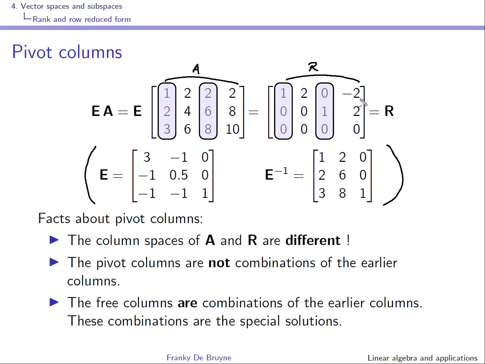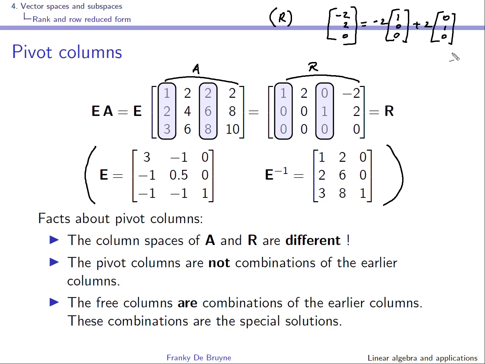Okay, so this column, -2, 2, 0, and now I'm working in the matrix R, is equal to minus 2 times the first column plus 2 times the third column. The first column is a pivot column and the third column is a pivot column as well.